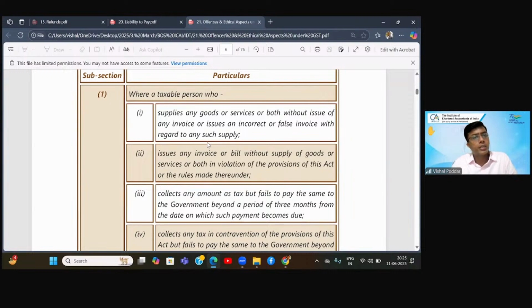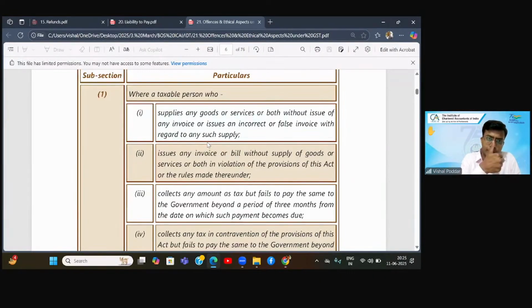I hope you understand the difference between the three. Registered person means the person who has taken registration. Taxable person means either you have taken registration or you have not taken registration, but you are liable for registration. Interesting, huh? So, two types of person.